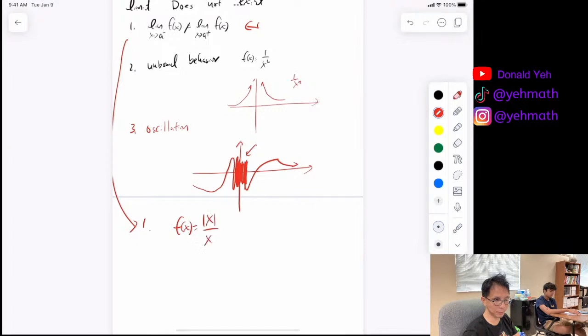Absolute value of x over x. Now, you guys cannot use a calculator. I want you guys to think about what this graph would look like. What would this graph look like?